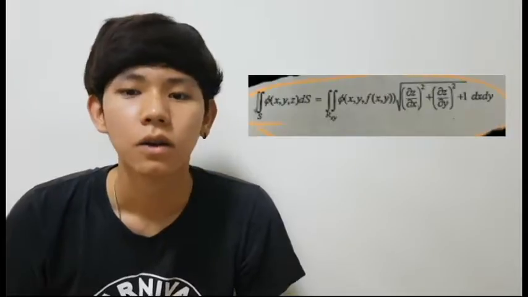Integral. From this equation, S is a surface in space and f is a continuous function. To find the surface integral, we should show the surface on the xyz plane. If the surface is specified by z equals f(x,y), the surface is viewed on the xy plane, and we use this equation.